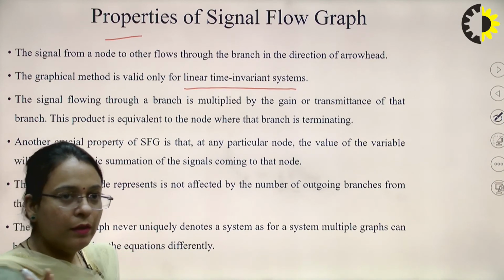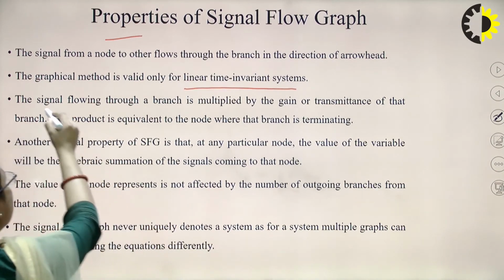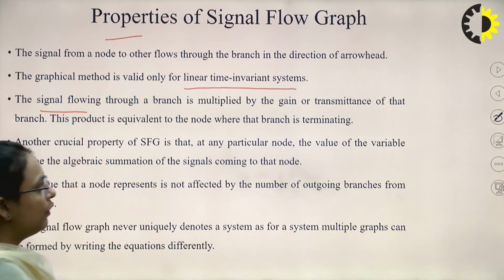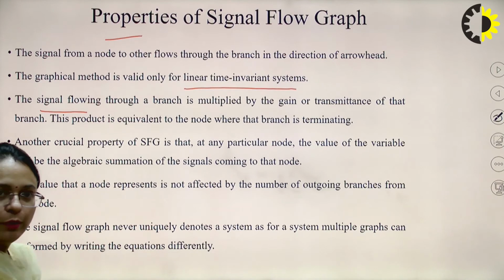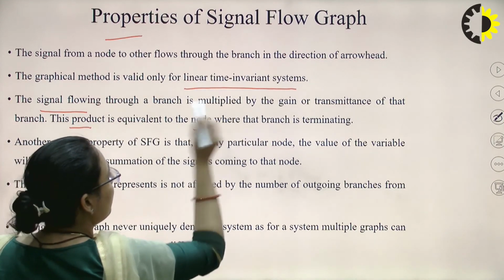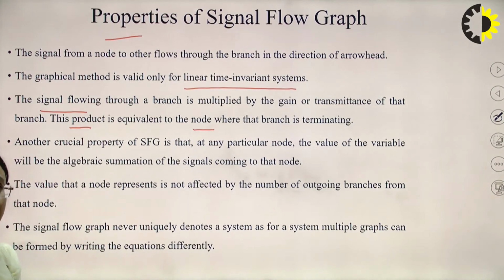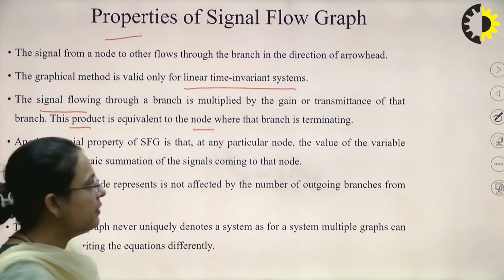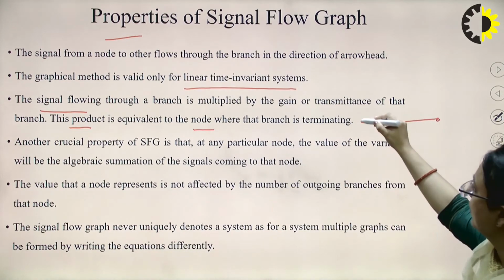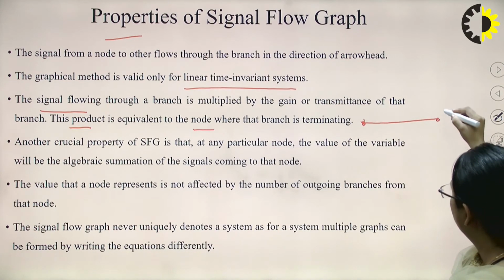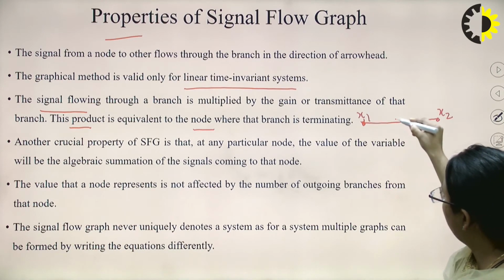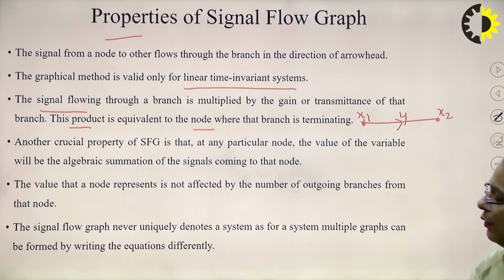Okay. Now the third point is that the signal flowing through a branch gets multiplied by the gain, or you can say transmittance, of that particular branch, and this product will be equivalent to the node where that branch is terminating. Let's take an example. We have two nodes, let's say this is x2 and this is x1, and it has a gain of 4 here.